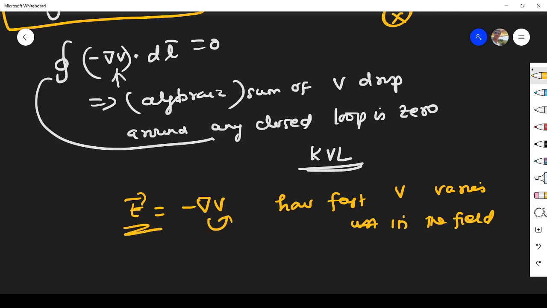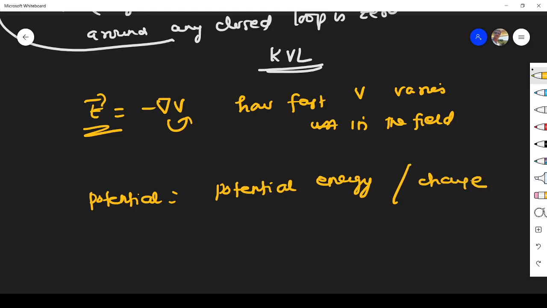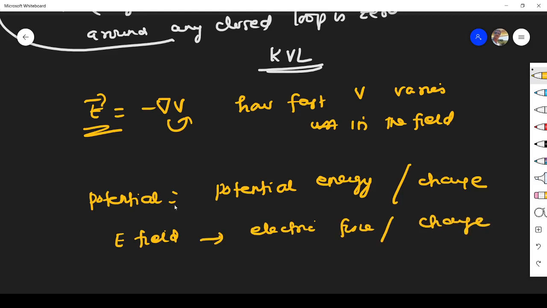Okay, that is a very important point to be noted. Simply, potential is nothing but potential energy per charge, that we studied, whereas electric field is force per charge, that is electric force per charge. Fine. So this is another important point.